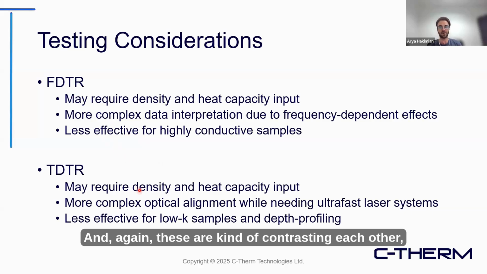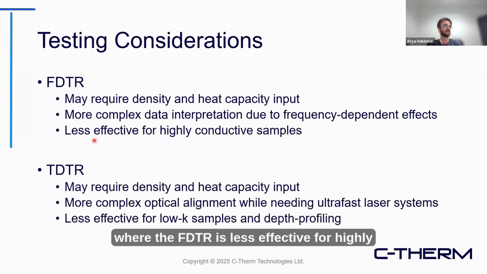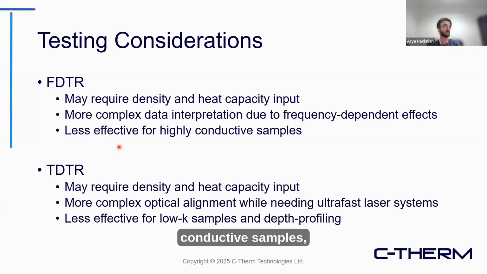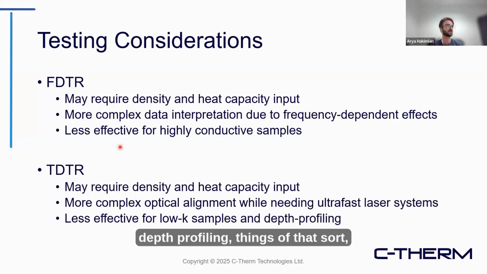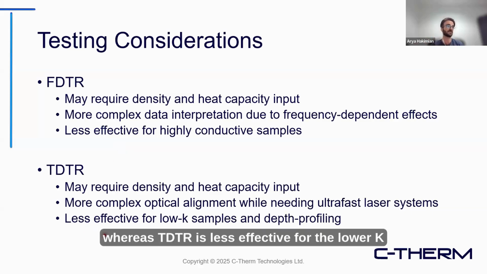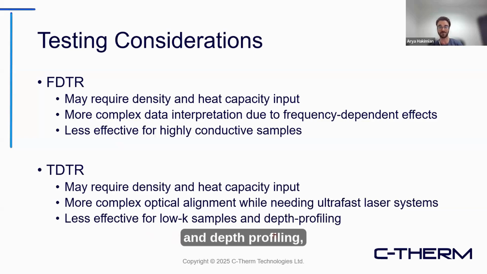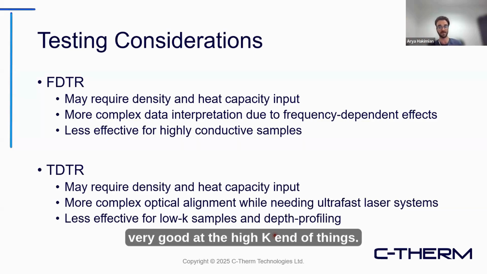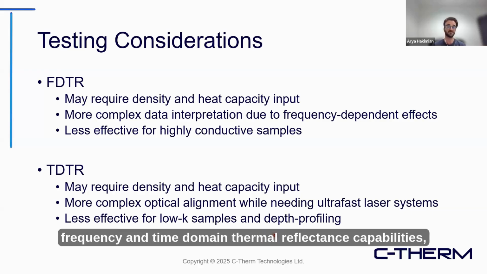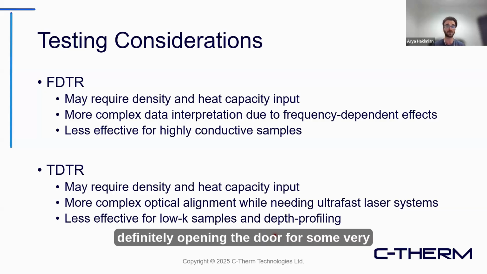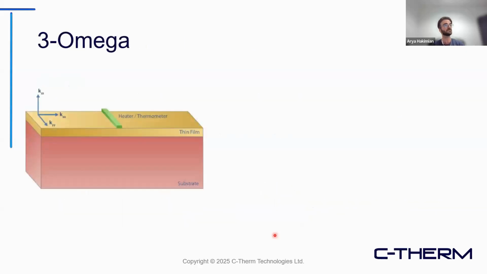And again, these are contrasting each other, where FDTR is less effective for highly conductive samples. Again, very good at those more irregular shapes, depth profiling, things of that sort. Whereas TDTR is less effective for the lower K and depth profiling, very good at the high K end of things. So again, a newer, interesting focus here with some of these frequency and time domain thermal reflectance capabilities, definitely opening the door for some very interesting material characterization.